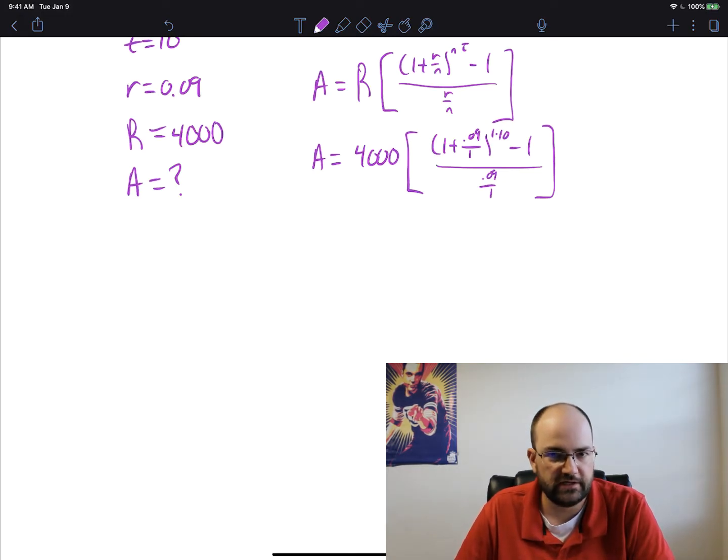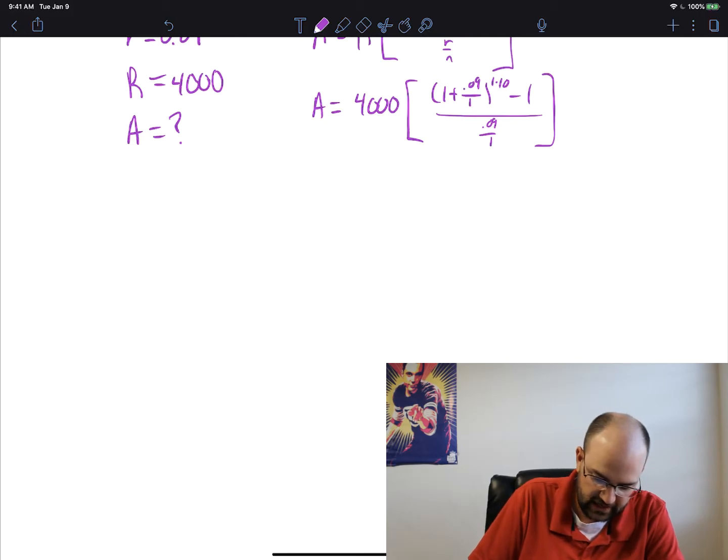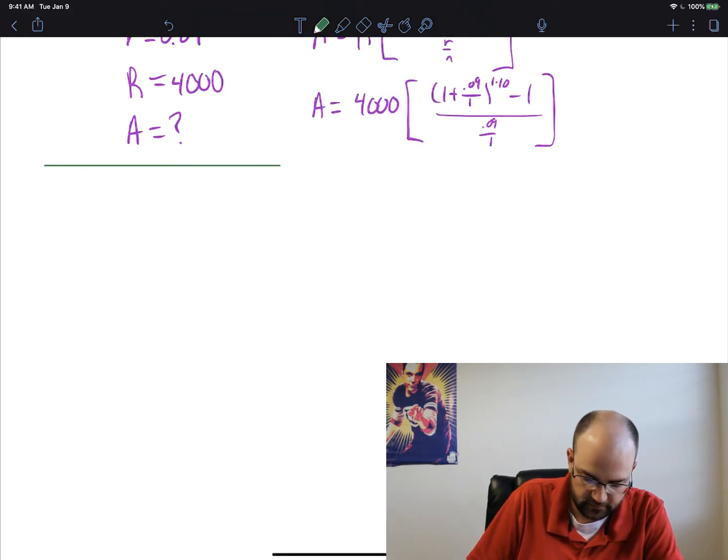I will show that in a second, but I want to go ahead and move on to another way of doing this. The other way is actually the easiest way, and that's going to be the TVM solver.